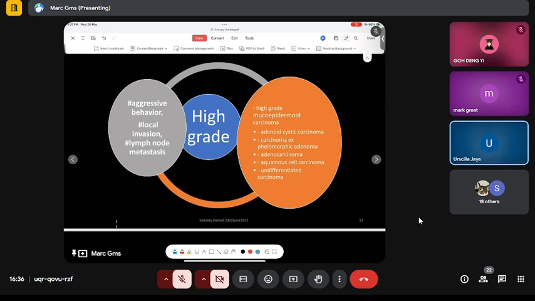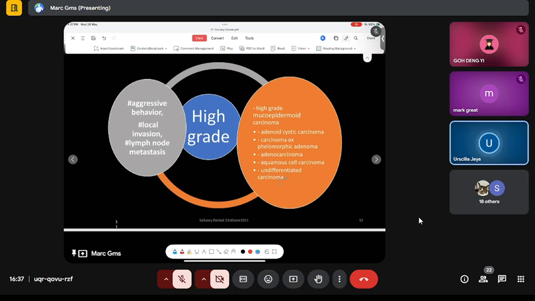Okay, and this high grade has aggressive behavior. It's locally invasive, and there is a risk of lymph node metastasis. So that's why sometimes FNAC comes back as pleomorphic adenoma, then we do a superficial parotidectomy, but that comes back as carcinoma ex pleomorphic adenoma.